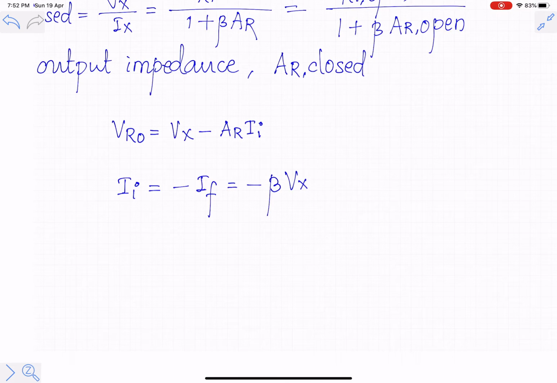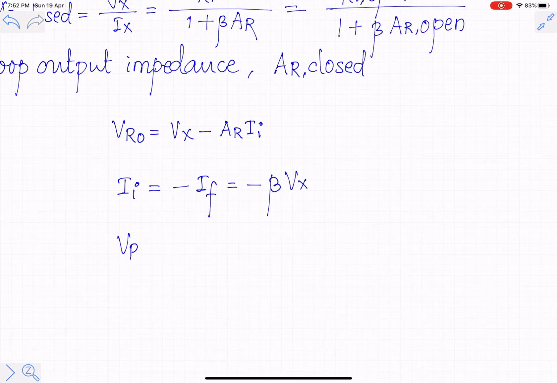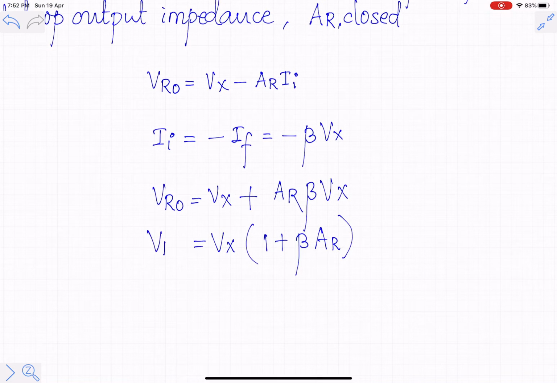So if we substitute this value, VRO is equal to Vx minus AR into II, which is minus beta into Vx. So minus beta into Vx. So if Vx is taken common, we will get 1 plus beta into AR, which is the drop across VRO, or voltage drop across RO.